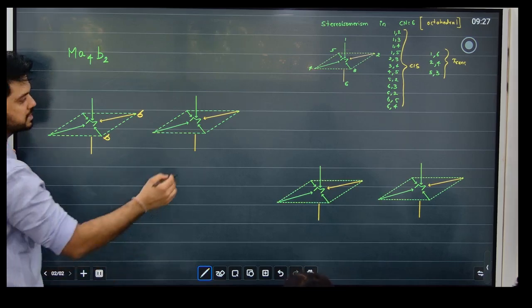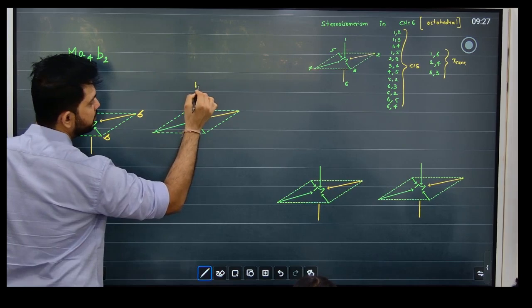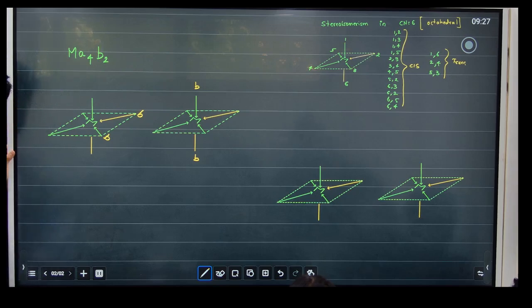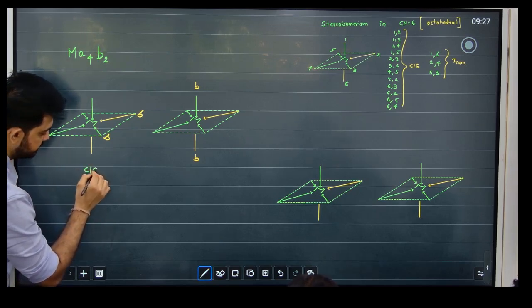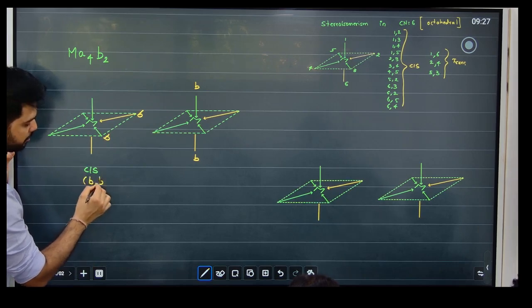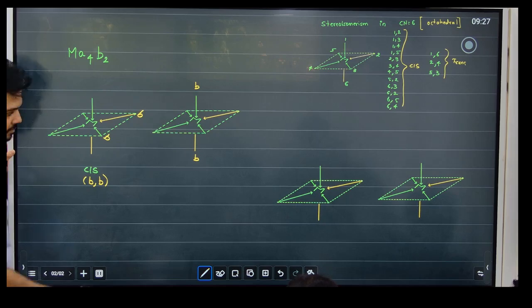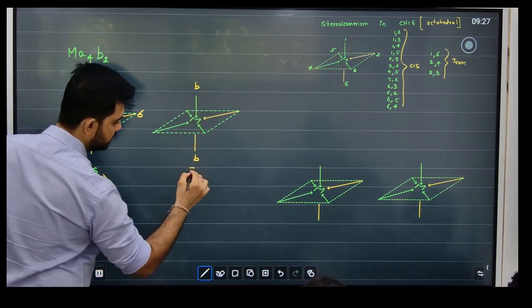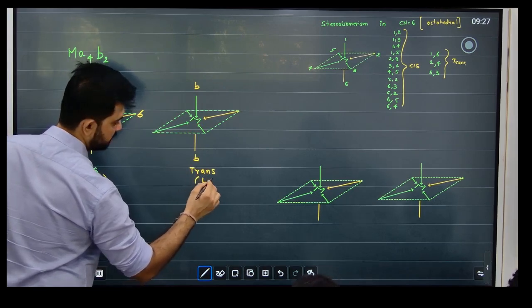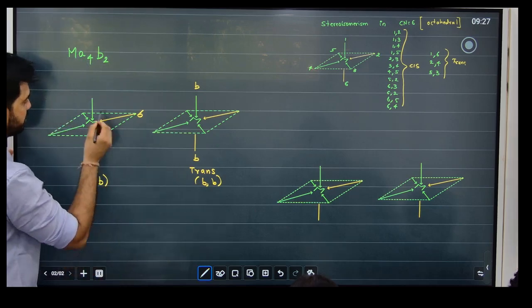And for trans I can place one up and one down. So this will be cis. For revision at home, you can note that we took BB as reference over here. For trans, the angle is, so the rest of the positions we are going to write what?